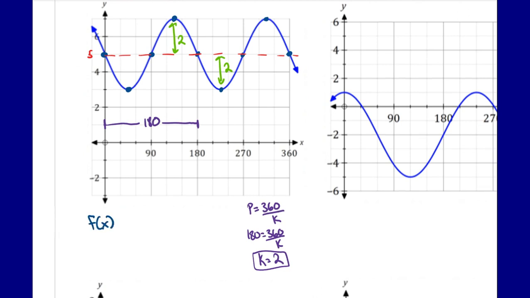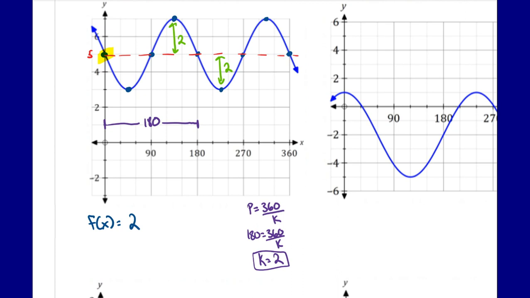I'm going to use the sine function for this one because I can see that my starting point, or when x is 0, is a midline. Right? So I'm going to use my sine function. You could use cosine as well, but I'm going to use the sine function for this one. So the first number in my sine function has to be my amplitude, or my A value. So right now I know there's a 2 because my amplitude is 2. Now I have to also check, is there a flip? Right?